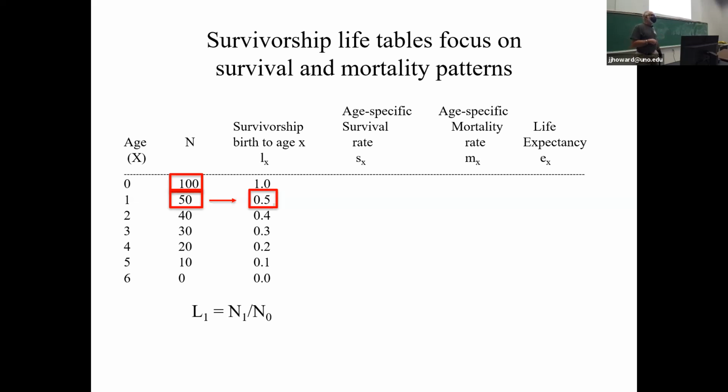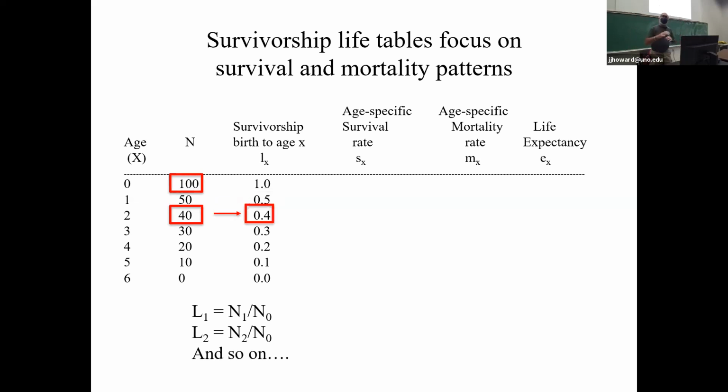And don't worry if this is hard to follow and you're just not getting it all, because guess what I'm going to post after lecture? I'm going to post some practice problems for you, and you'll have the solutions too. And I've got them worked out in great detail about how you go through and do these calculations. Okay, so that's L1. What about L2?